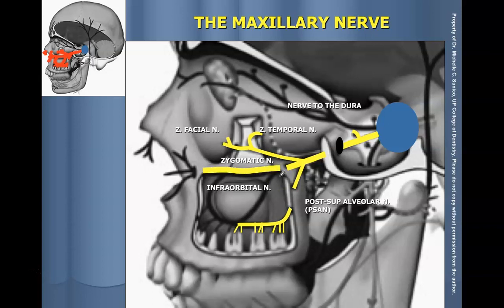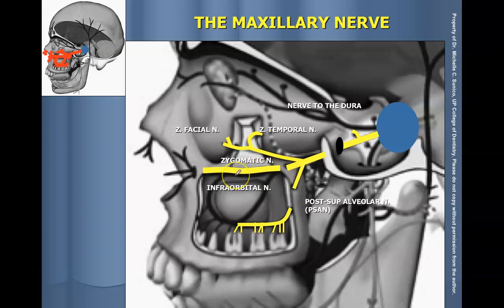So, this is what you should remember. The infraorbital nerve is not a branch of the maxillary nerve, but instead, it is the maxillary nerve that changed its name into infraorbital nerve once it entered the infraorbital canal. I hope that is clear.